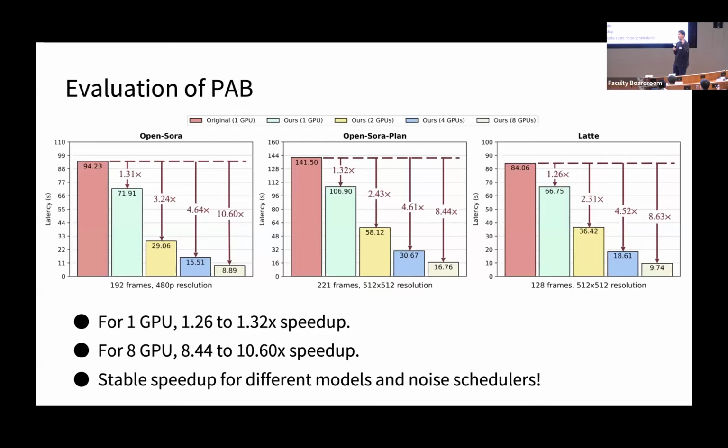For one GPU, there's only computation saving. But on multiple GPUs, you have computation savings and also communication savings. That's why it's possible to achieve 10 times speedup.